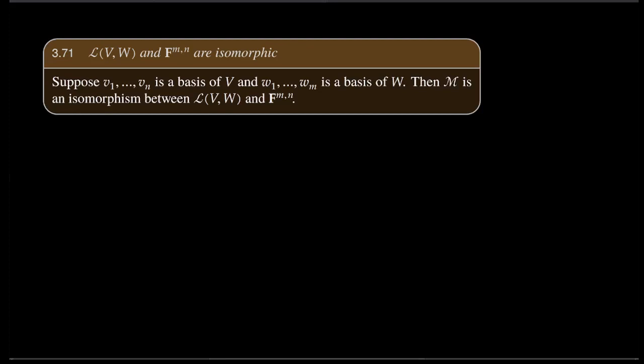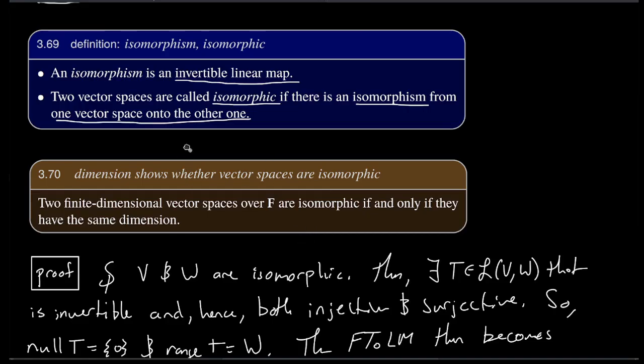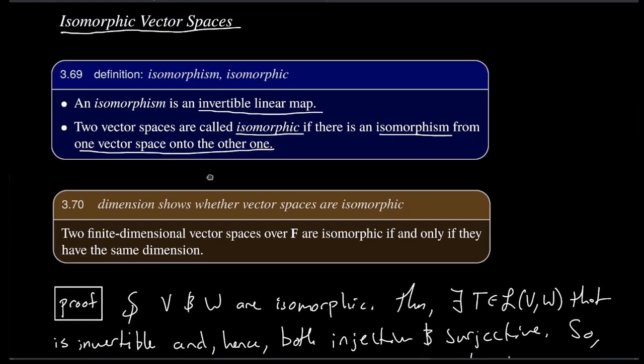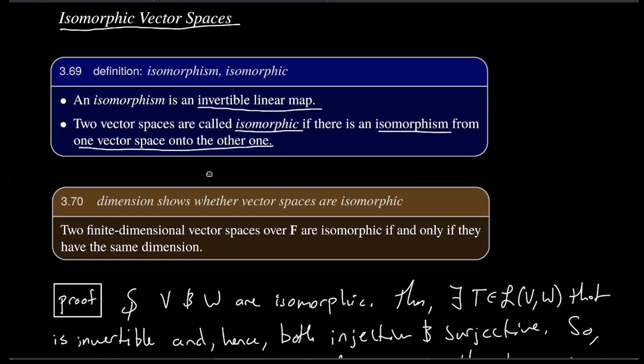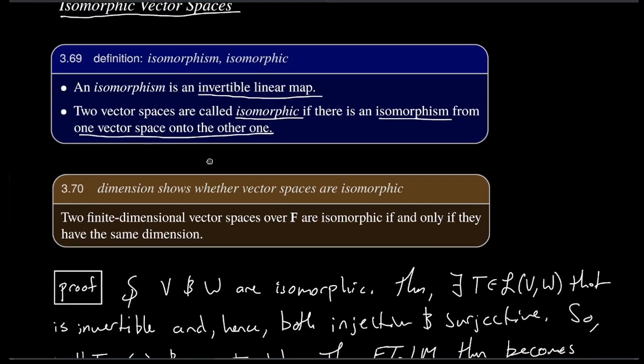Today we're going to get into a little bit more of section 3D. We're talking about isomorphisms and isomorphic vector spaces. Last time, if you'll recall, we finished by talking a little bit about isomorphic vector spaces. An isomorphism was an invertible linear map, and two vector spaces are isomorphic if there's an isomorphism from one to the other.